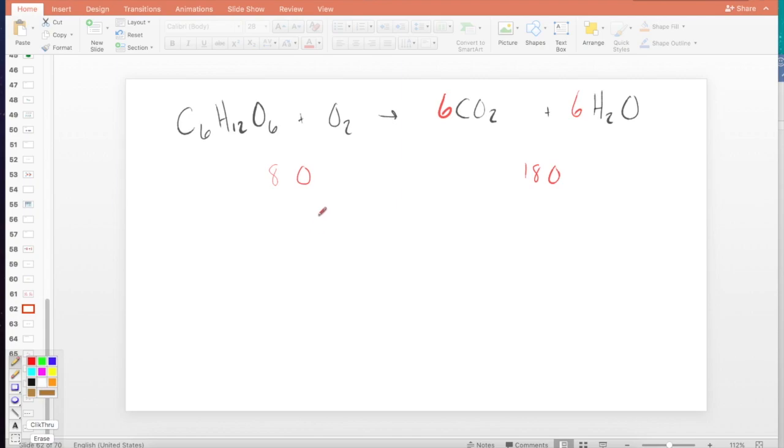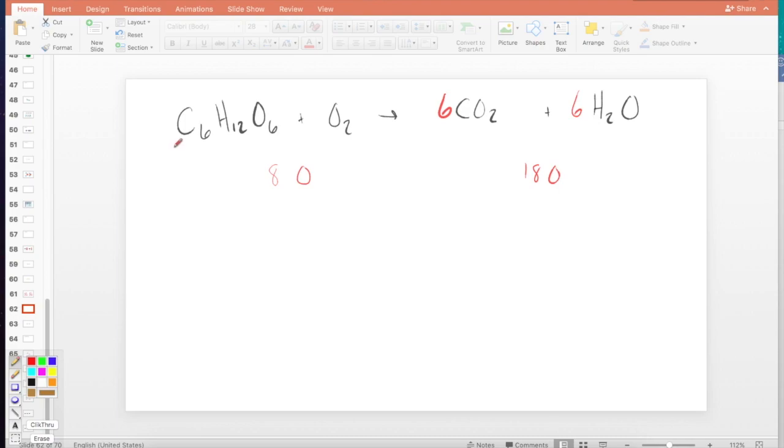How can I get this to balance? Should I try to adjust this substance to get the oxygens to start increasing so I can end up with a total of 18? No, because if I start adjusting this substance, that's going to screw up my carbons and hydrogens. So I don't want to have to do that unless I absolutely need to.